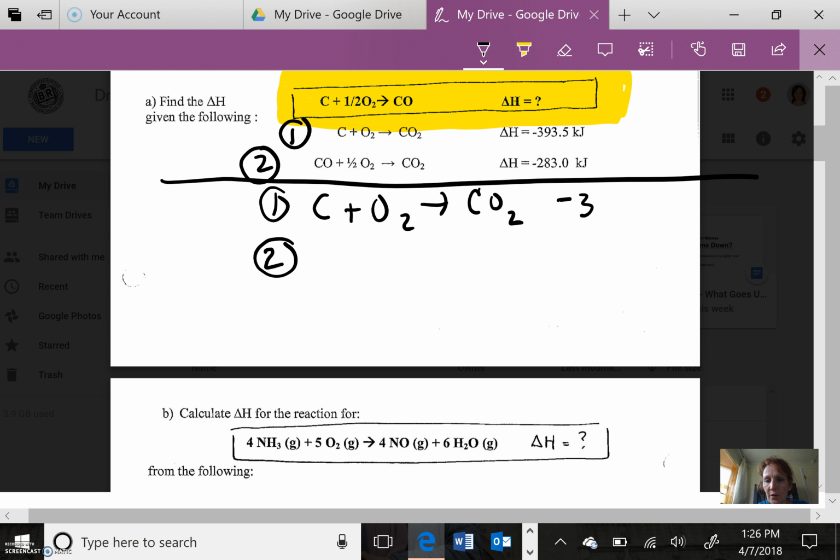I'm going to round, if you don't mind, to kilojoules. All right, so I'm going to add something to this reaction to make it look like the one I'm trying to solve.